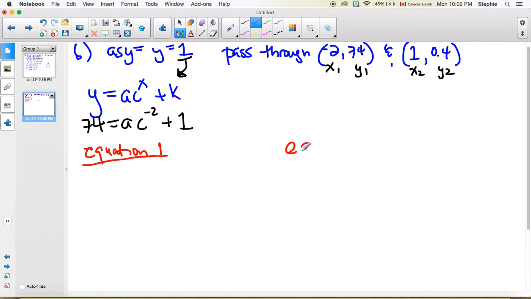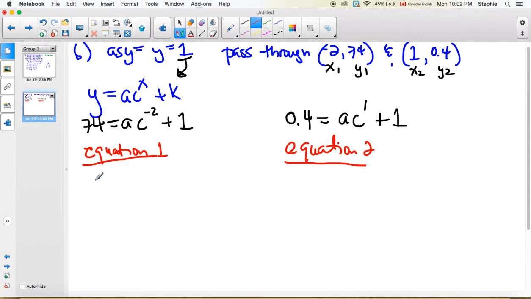And for equation 2, we're going to have this point. So it's going to be 0.4 is equal to ac to the power of 1 plus 1. So that's my equation 2. I'm going to simplify these so that this one's going to be 74 minus 1 is equal to ac to the negative 2.